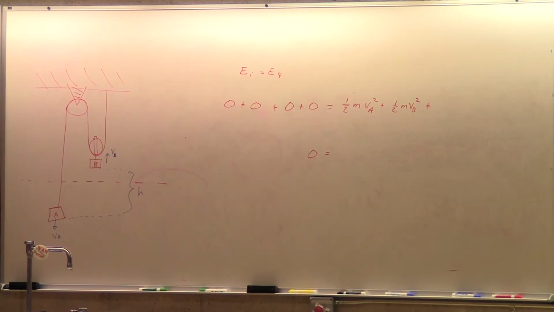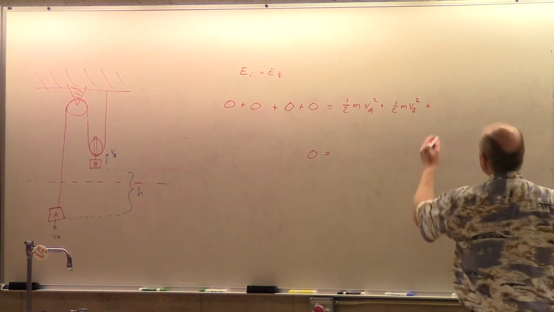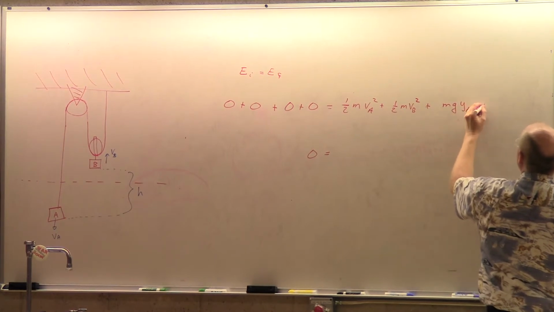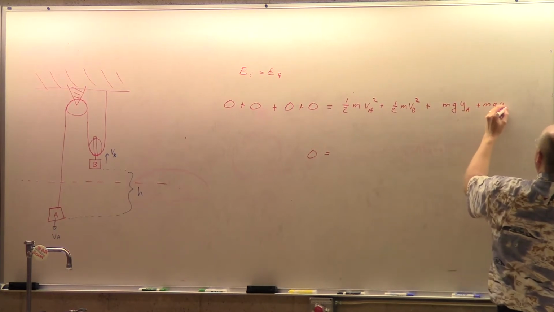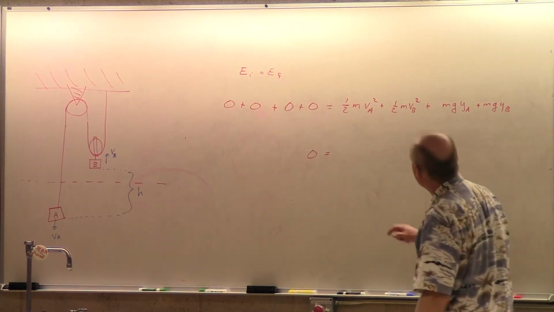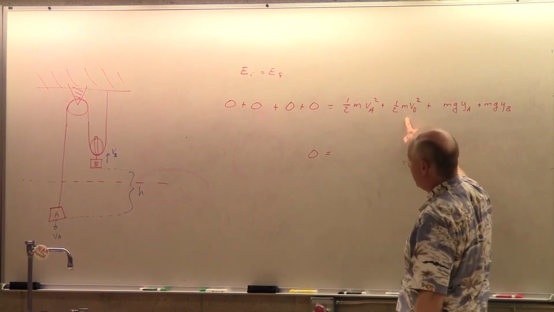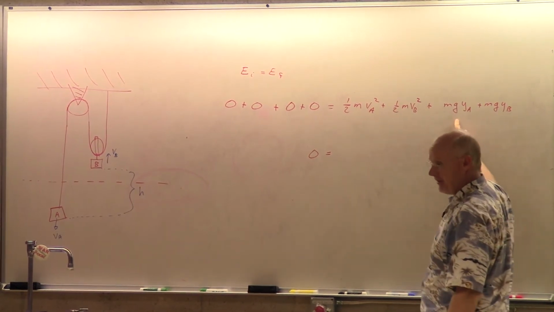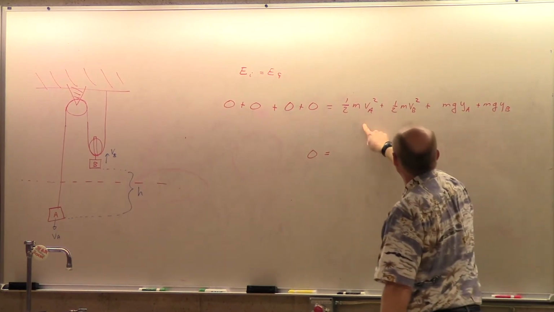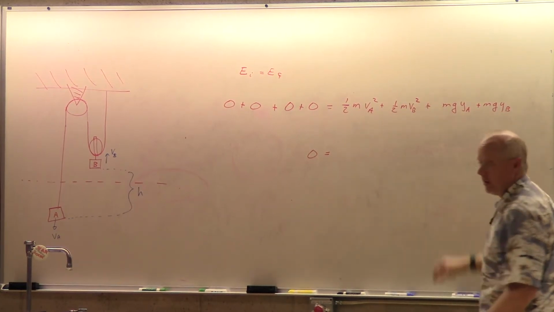And then I would have the potential energy, which I guess I would write as mgyA plus mgyB. And again, unless you look closely at this and realize positive number, negative number, A went down. And then positive number. So these three positives must add up to be equal to that one negative.